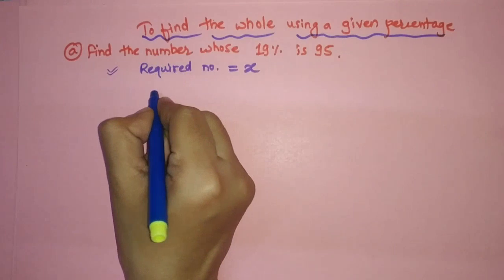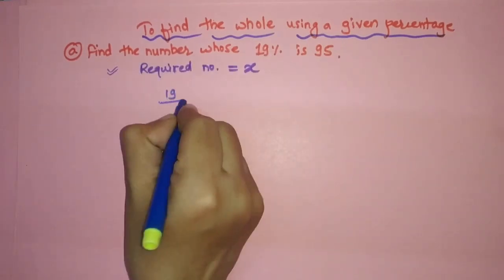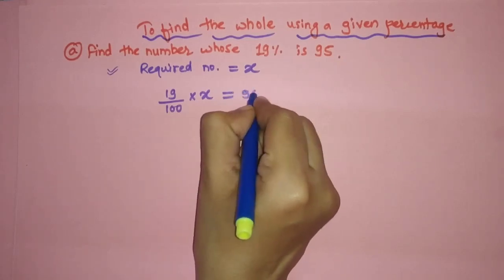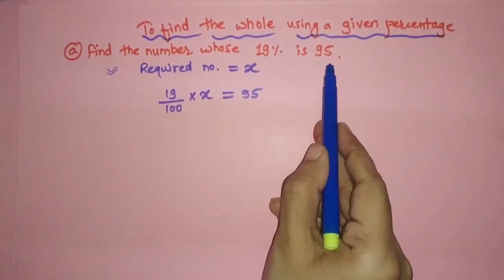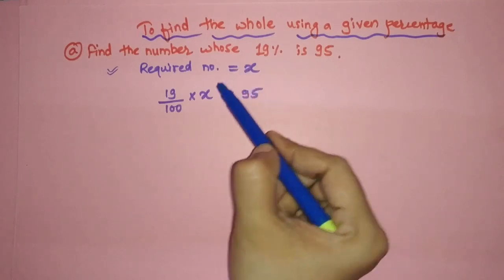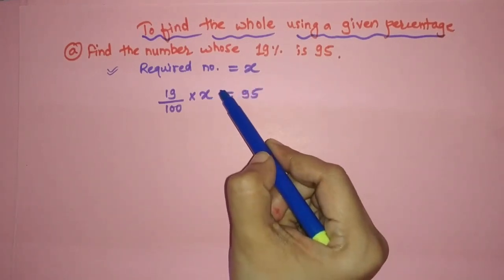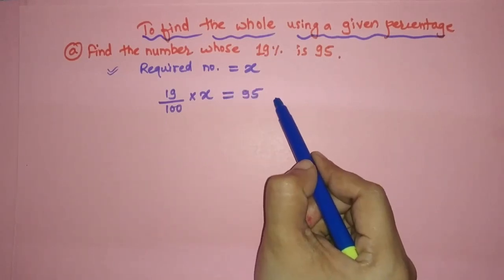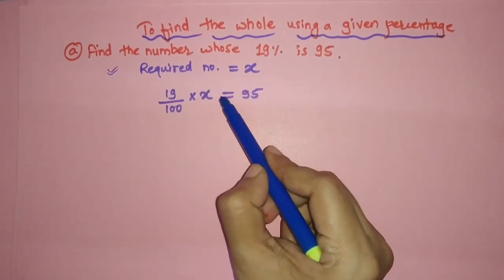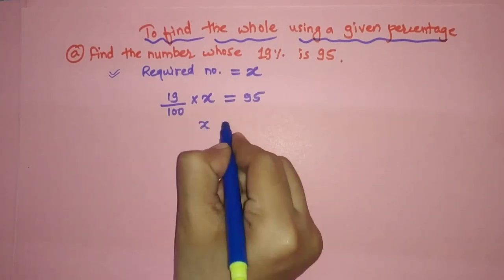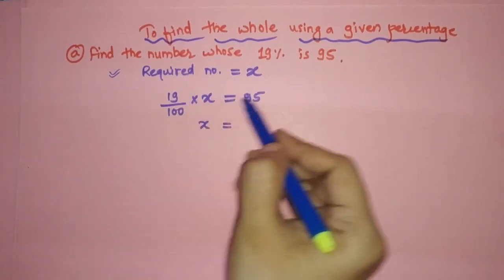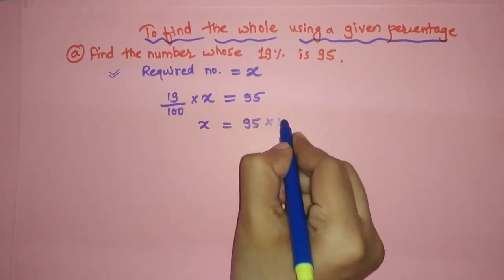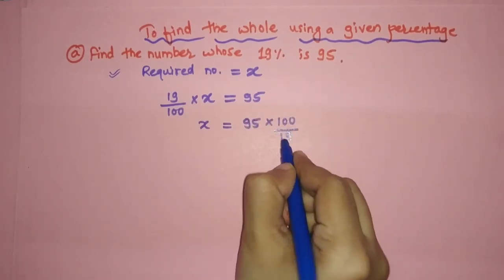According to the question, 19% of this x is 95. This question statement we have written in equation form. We don't know the whole quantity, but the available data is that 19% of such a whole number is 95. So now we need to solve this. x is equal to 95 multiplied by 100 upon 19.